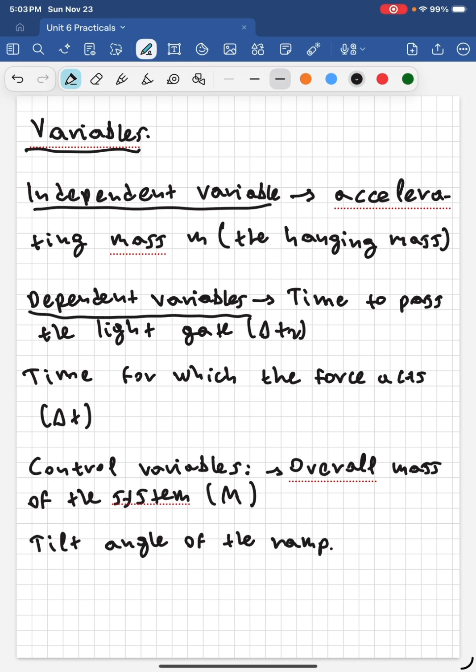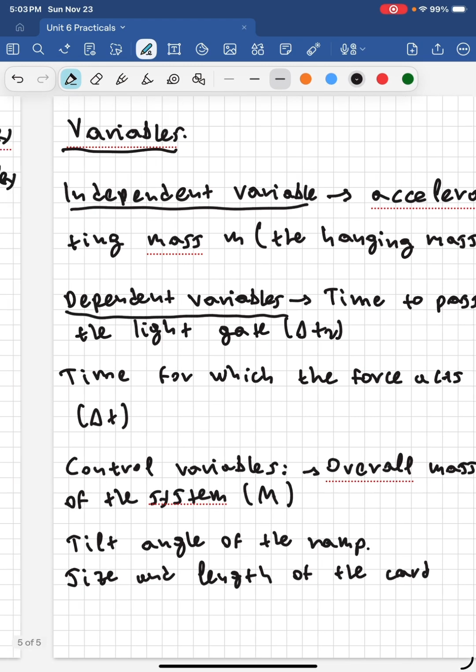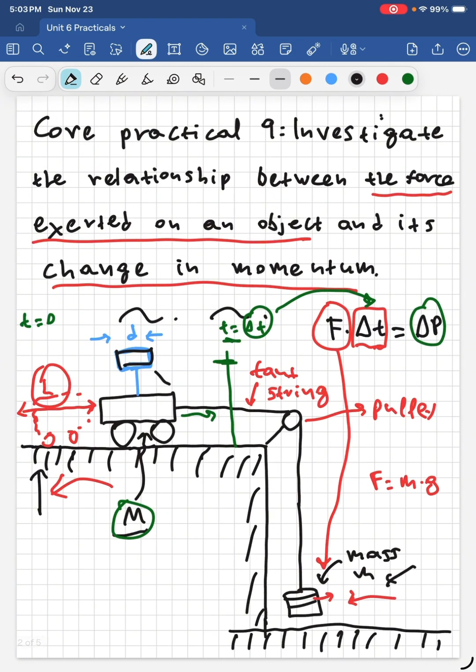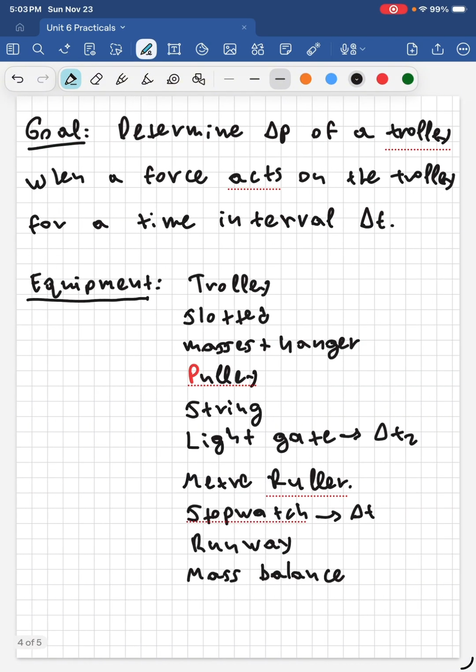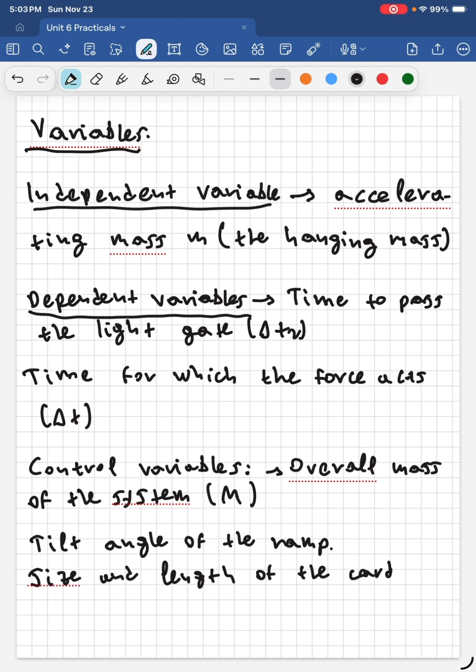The size and length of the cart, and we are talking about this cart, this one, okay, that is used to measure the time needed for the trolley to pass through the light gate, okay? Okay, what else? And we must use the same trolley for all experiments.